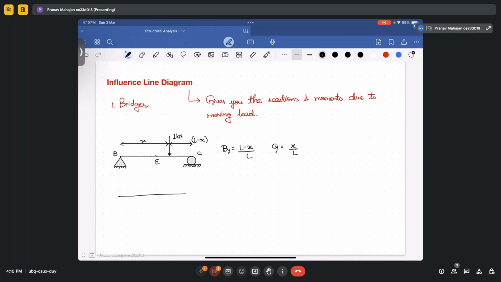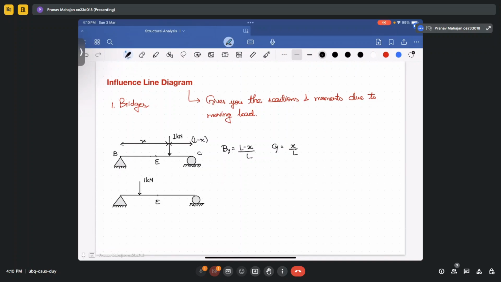Now, what will happen if the load is between B and E? Okay, it means the load has now moved to a different position when it is moving from left to right. So suppose now the load has shifted to this position.